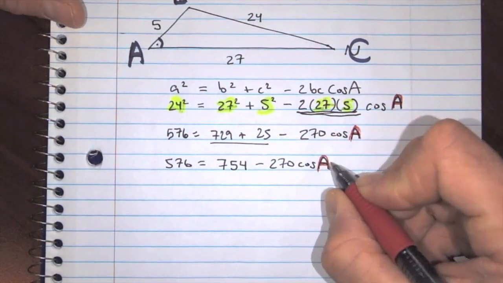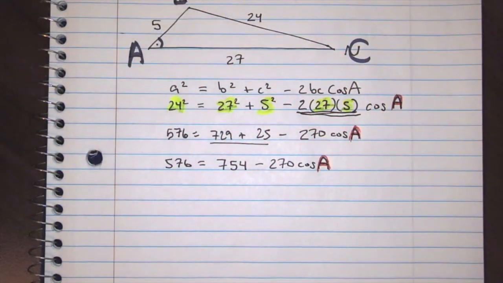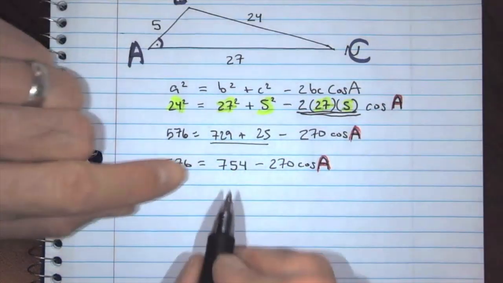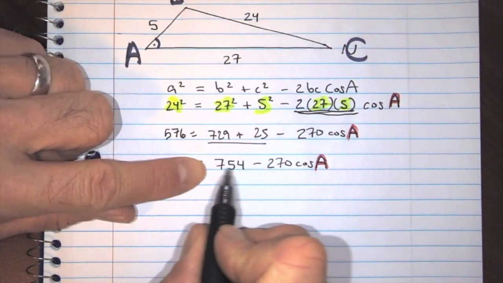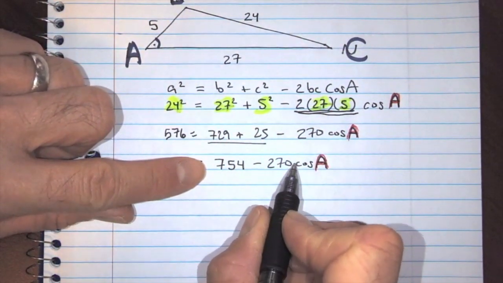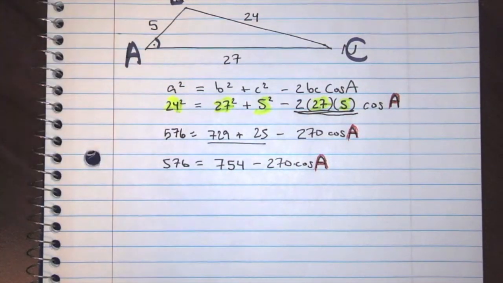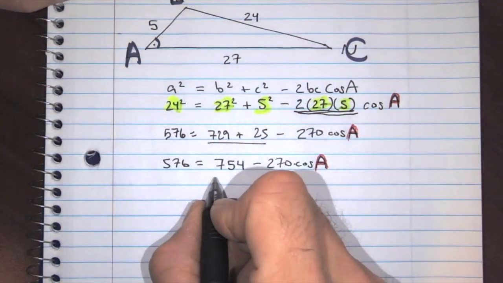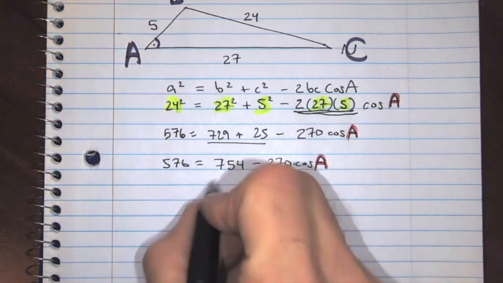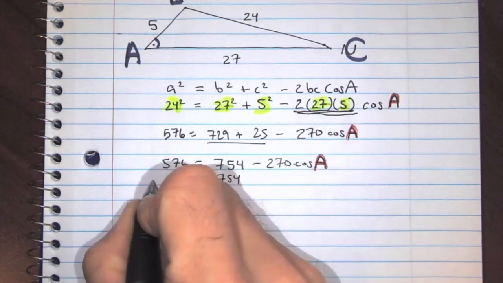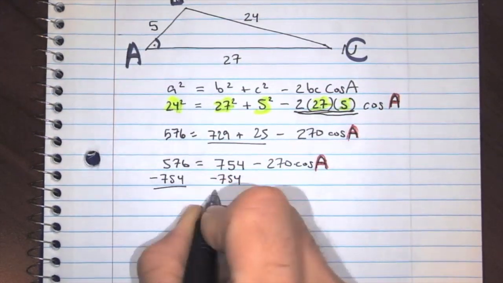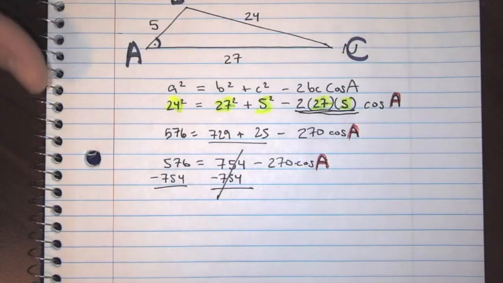Okay. Think to yourself, what are we going to do next? We can't combine these together. There's multiplication between the 270 and the cosine of A. Let's do this. We got a number here and a number here. Let's subtract 754 on both sides. Those are going to cancel out.